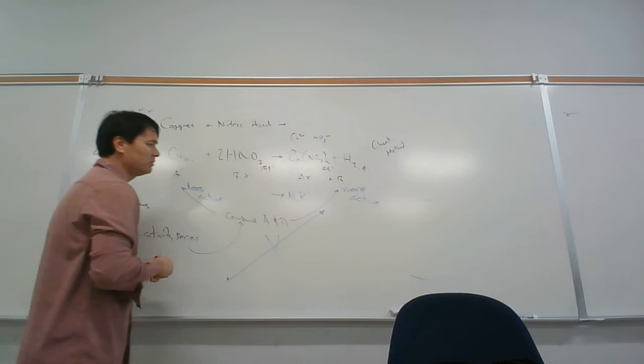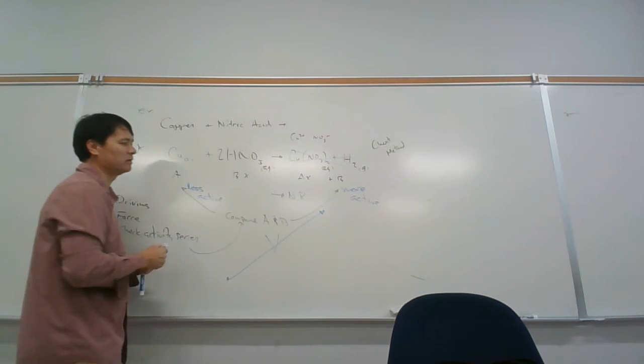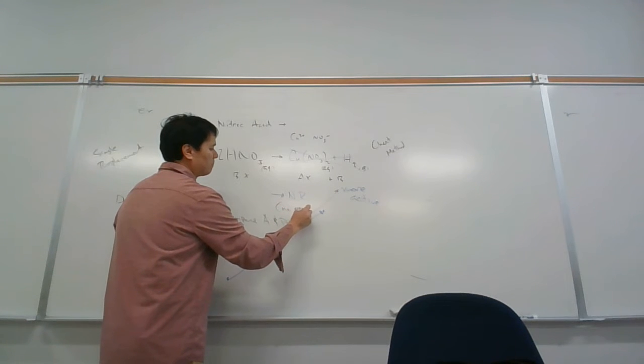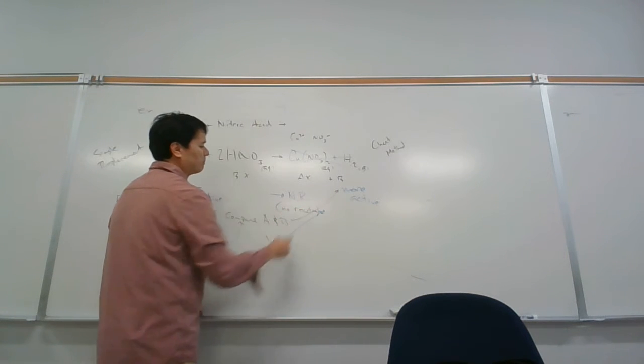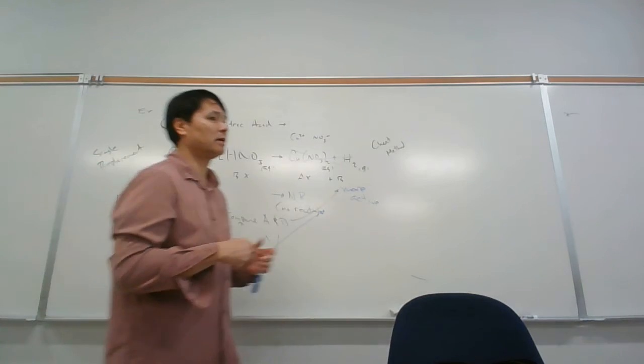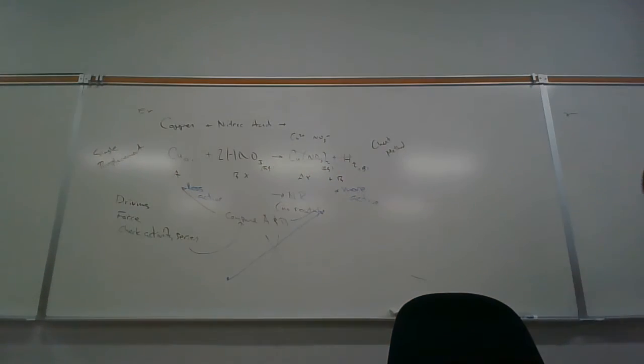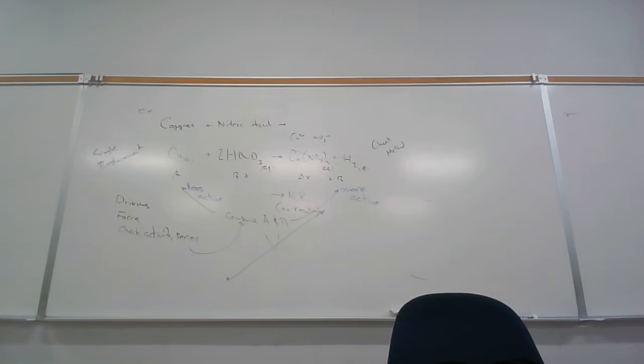You know what NR stands for? No reaction. So if I were to take copper and mix it with nitric acid, according to single replacement, we expect no reaction. So let's take a look at a video, copper and nitric acid.